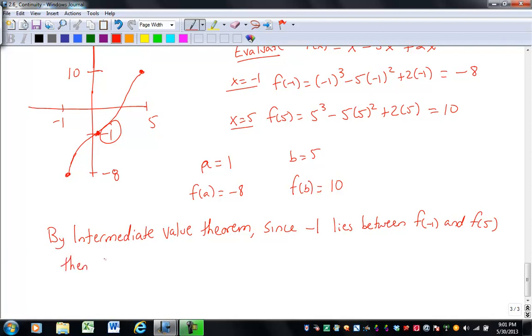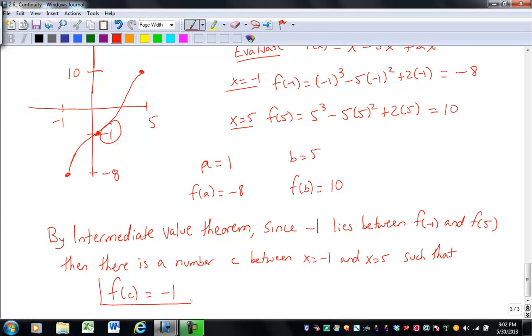Then there is a number c between the negative 1 and the 5, such that when I evaluate the function at this point c, I'm going to get negative 1 out.